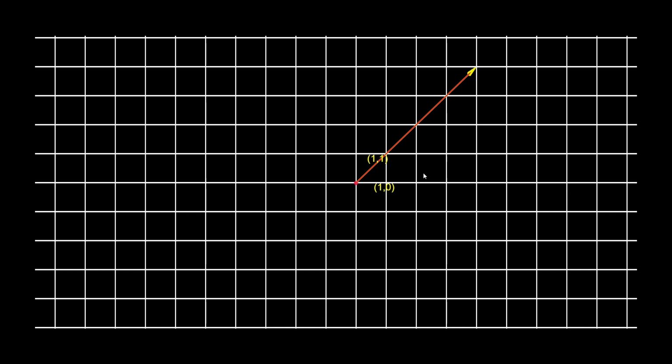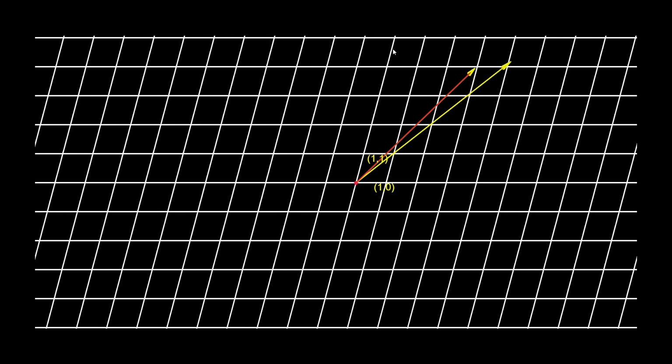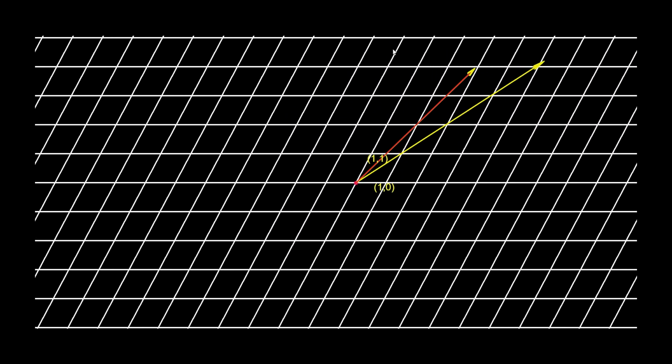I also have 1, comma 0 and 0, comma 1 as my reference axes for the original basis vectors. And now let's try to do a transformation on these coordinate systems. This is the shear transformation. So watch what happens to this yellow vector as I transform the coordinate axes using a matrix operator.